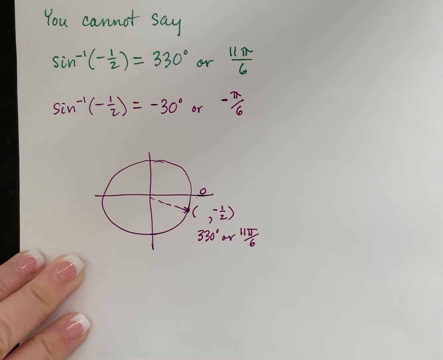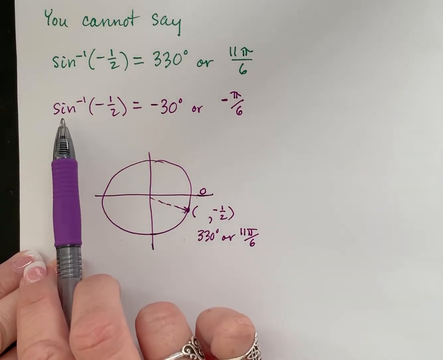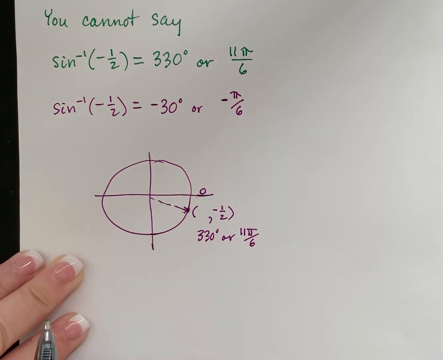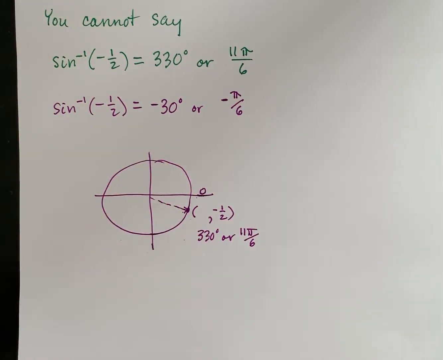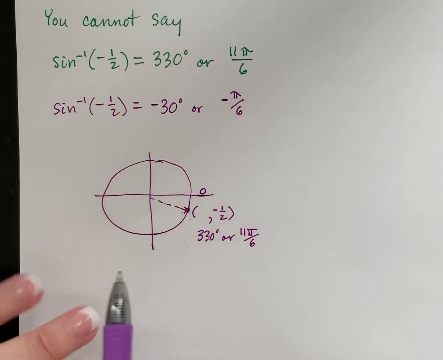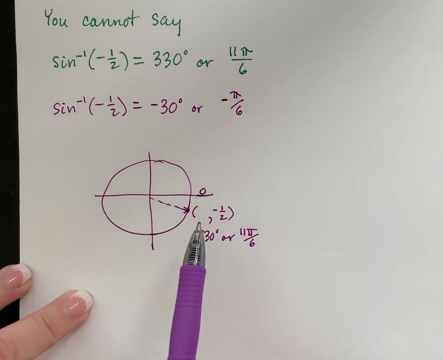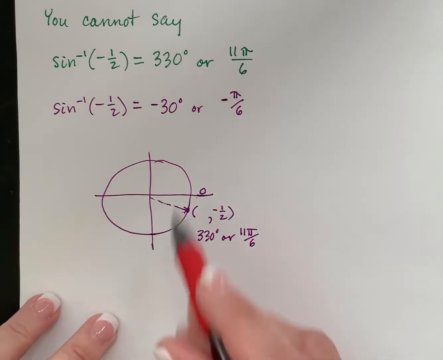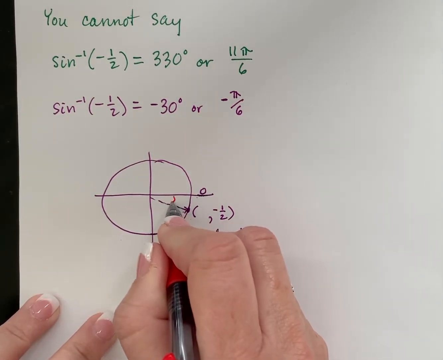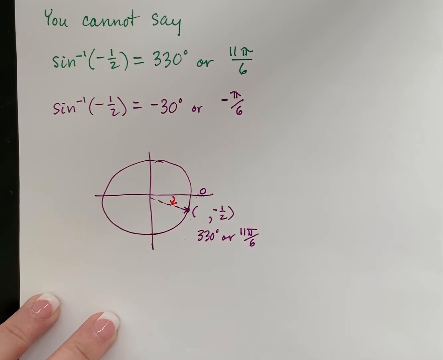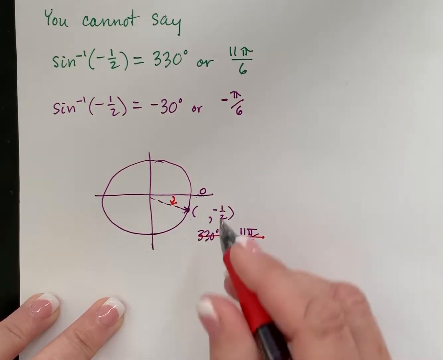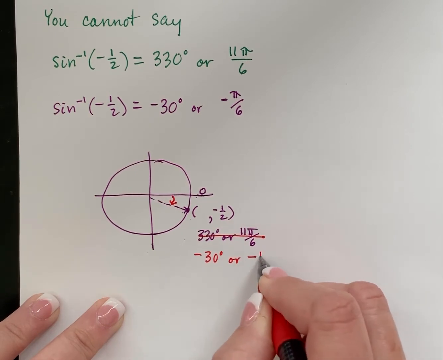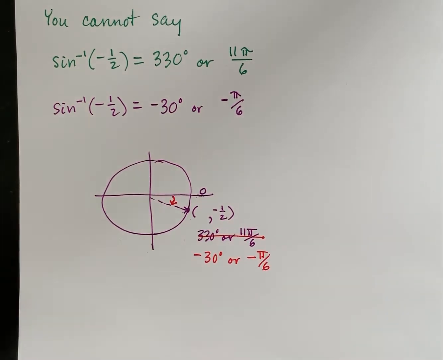Okay, but if you are working with the inverse sine function, or remember it could be written with arc sine, then you are limited. Okay, if you are interested in the inverse sine of negative 1/2, you're going to have to refer to this angle as a negative angle and think of the rotation as going that way. And in degrees, you'll say negative 30 degrees, or in radians, you would say negative pi over 6.